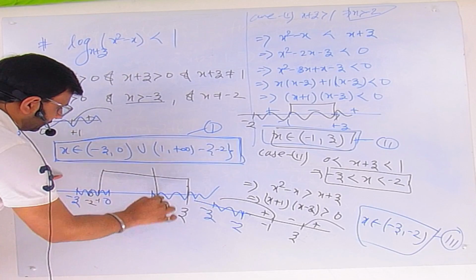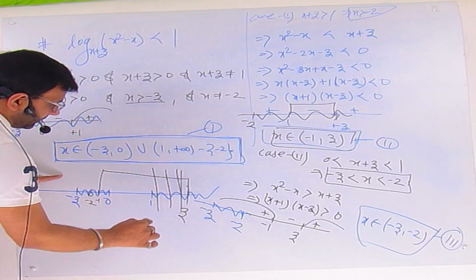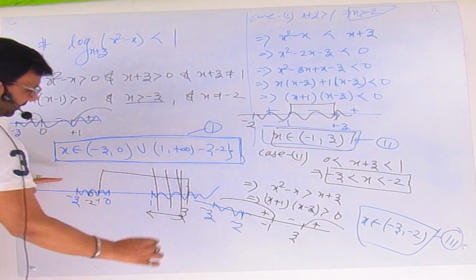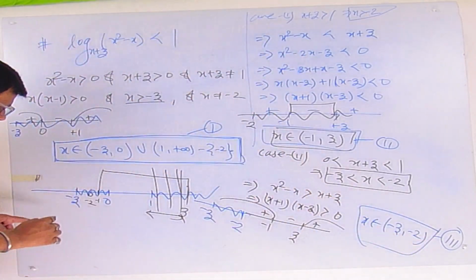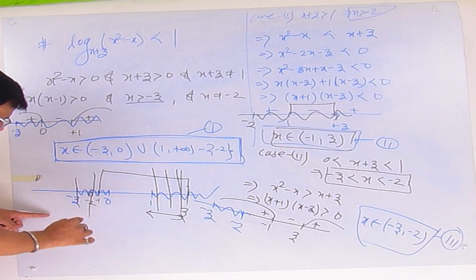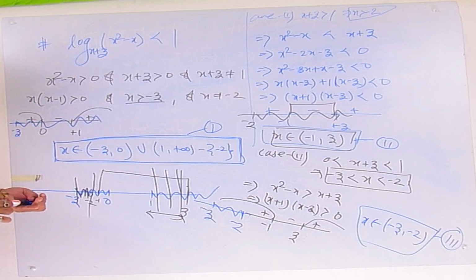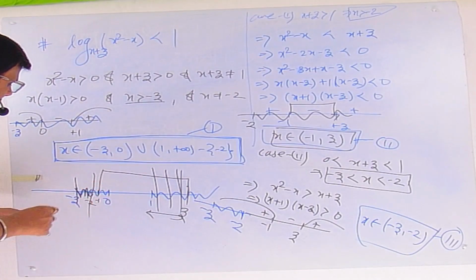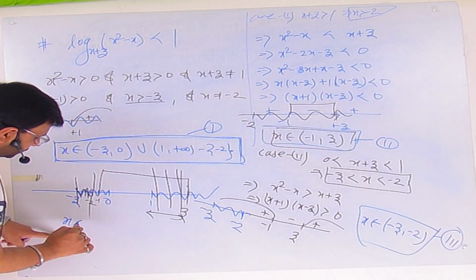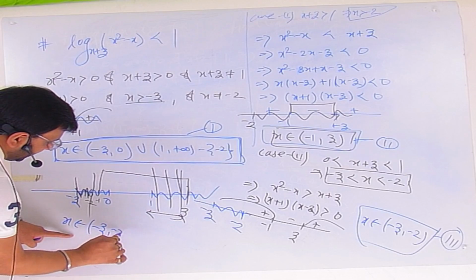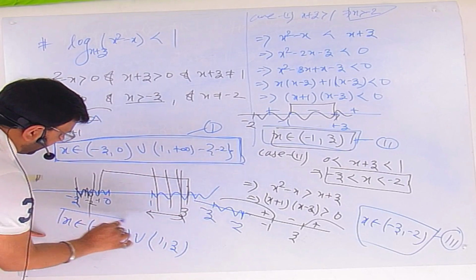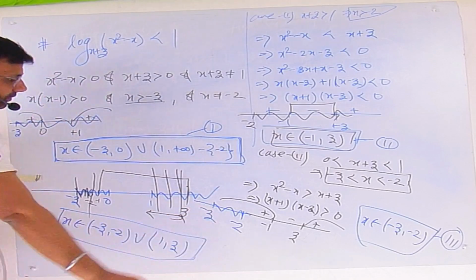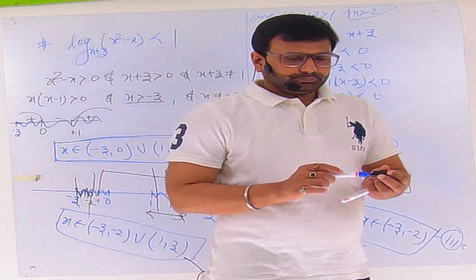So from here to here is common, and from here minus 3 to minus 2. So what will be my final answer? The final answer is x belongs to minus 3 to minus 2 union 1 to 3. So this will be my final answer.